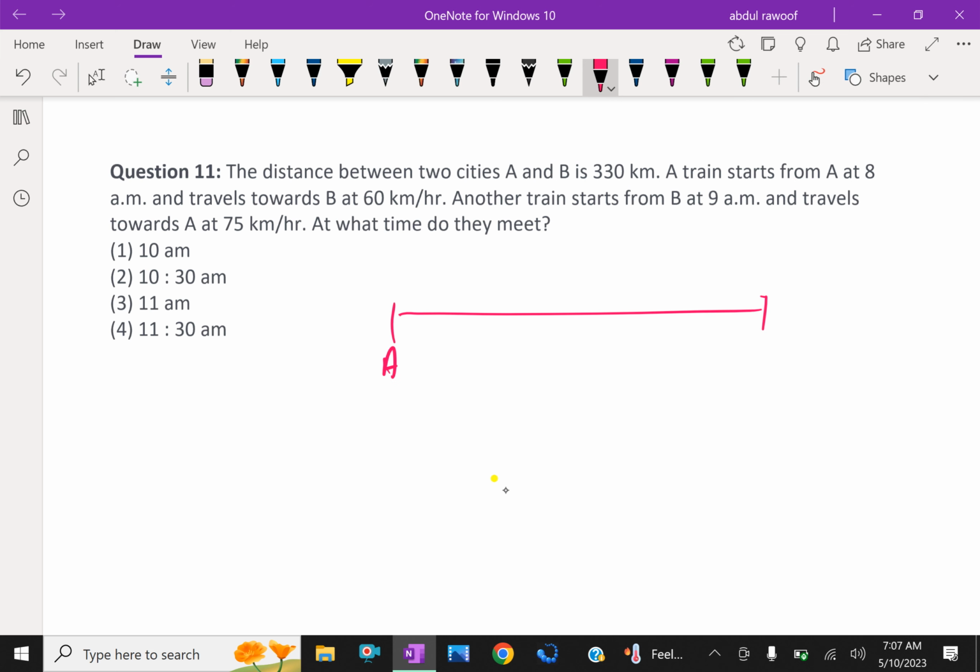Point A, point B. At X kilometers, they meet. Total distance is 330 km. The remaining distance is 330 minus X. Here, distance X equals, first train starts from A at 60 km per hour, that is speed into time, 60t.